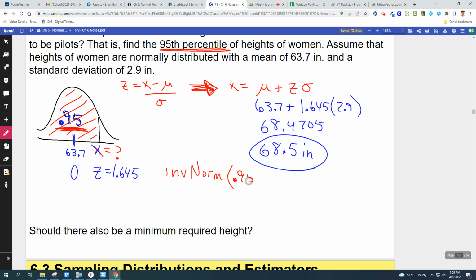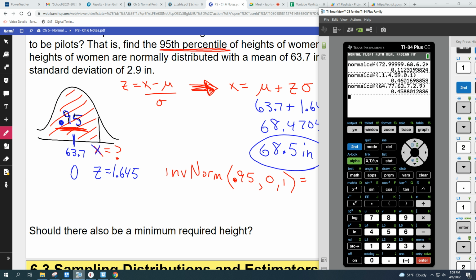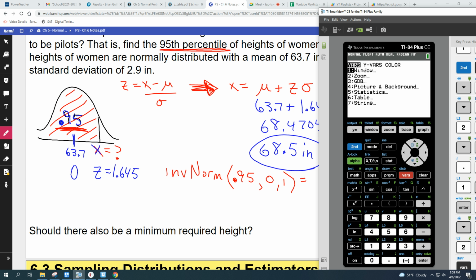So how this function works is you enter that area, and then if you enter 0 and 1, you're going to get the z-score. So second vars, inverse normal, 0.95, 0, 1. Our tail is left. That's talking about where we color in. We're coloring in the left.